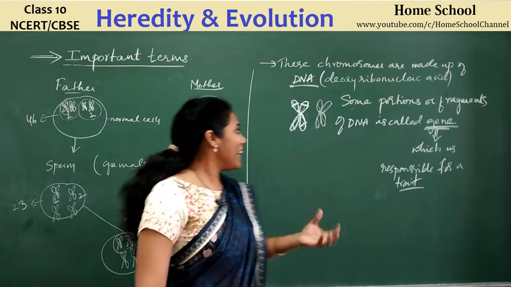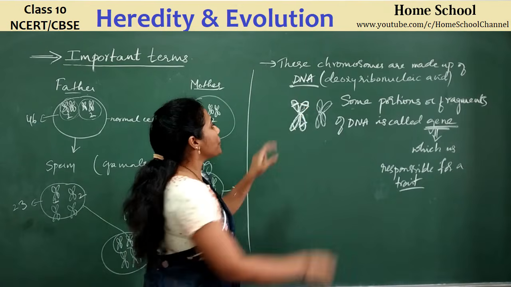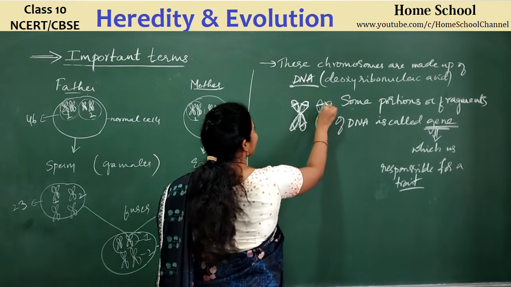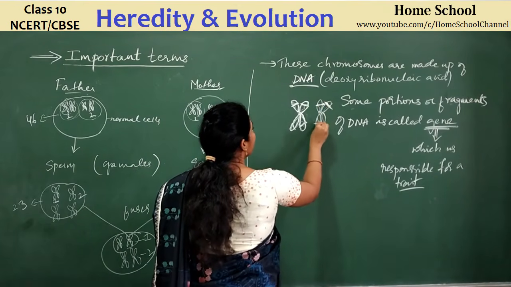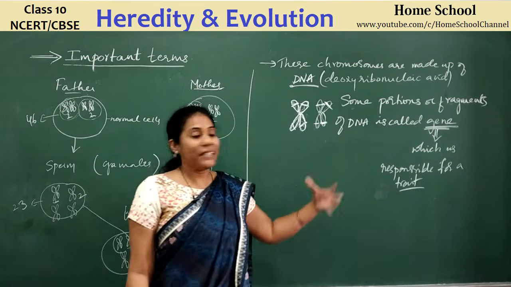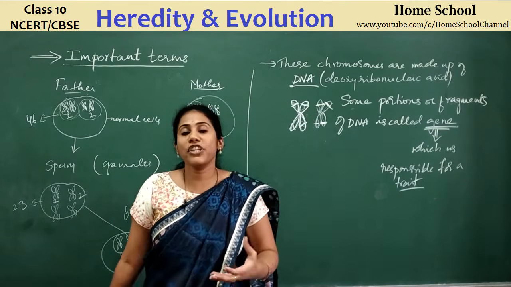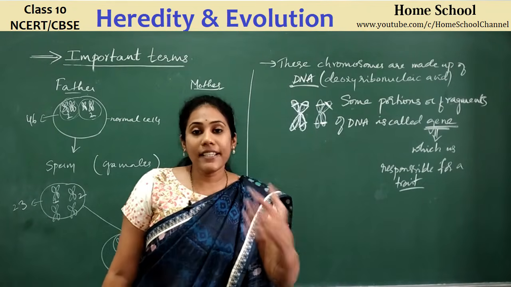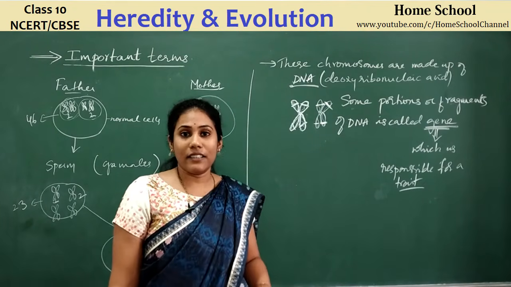Got to know? Now, in these chromosomes, you have certain areas, that is a certain fraction of DNA, that is responsible for a gene. I mean, that itself we call a gene, and the gene is the reason for a particular character.